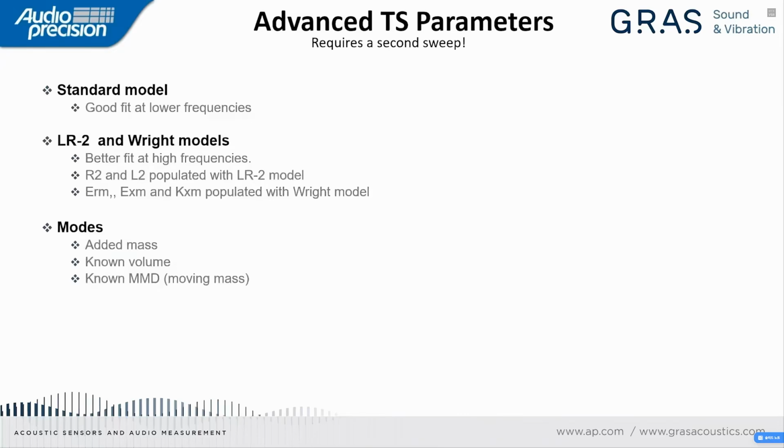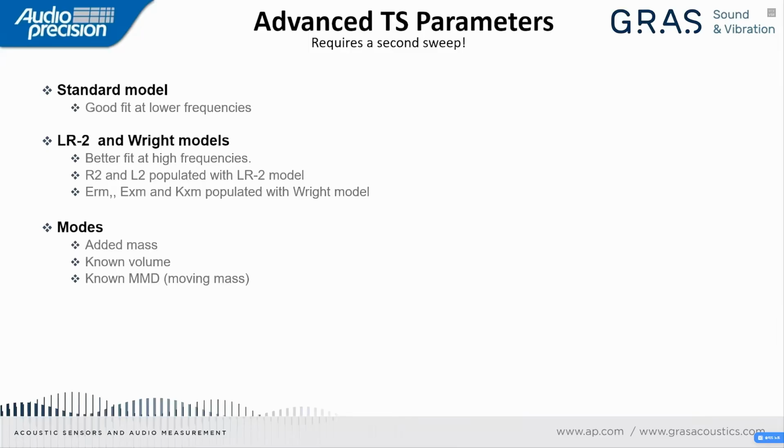So advanced Thiele-Small parameters require a second sweep. Well, actually, not all of them require a second sweep, but we've got our models, as we discussed. The standard model usually provides a good fit at lower frequency.